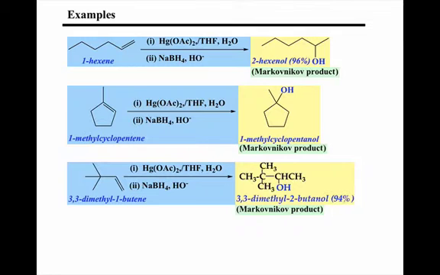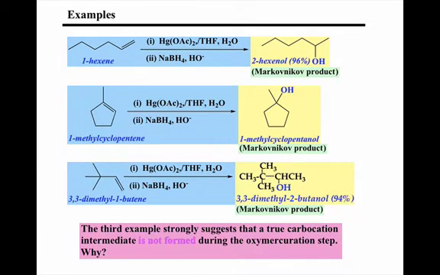And again, it is a Markovnikov product, okay? So there is no carbocation intermediate formed during the oxymercuration step. That's just a fact. How is that true, though? What is it about mercury that keeps it from forming a carbocation? What do you know about mercury?